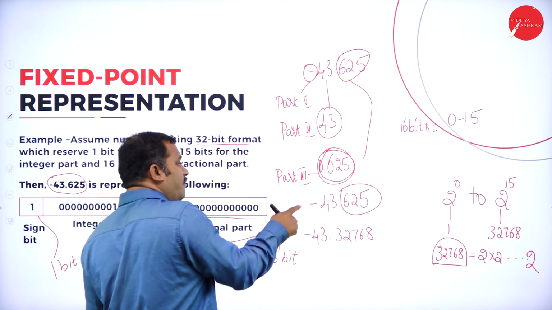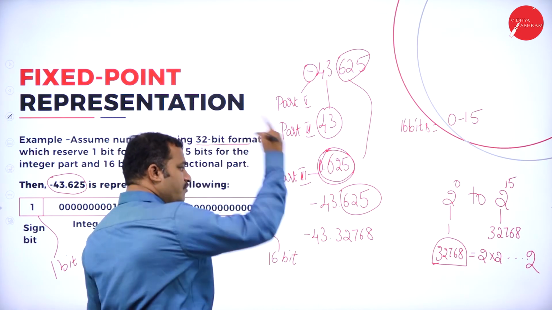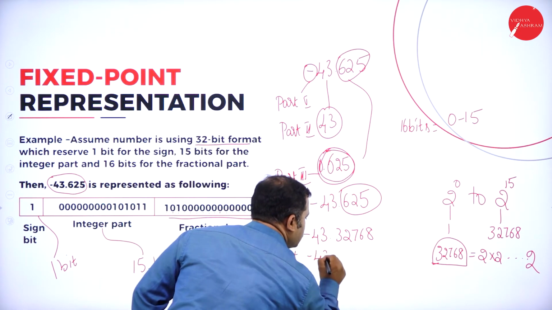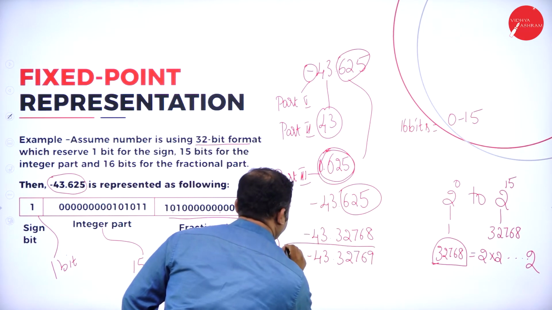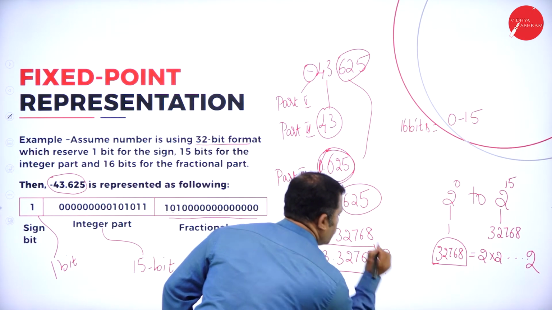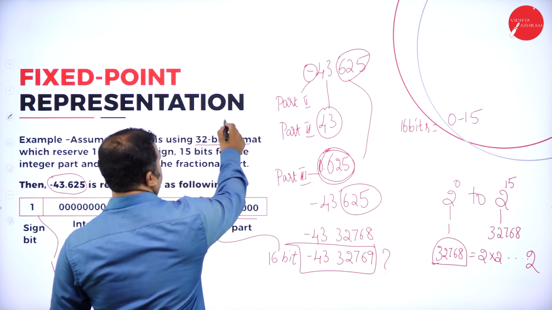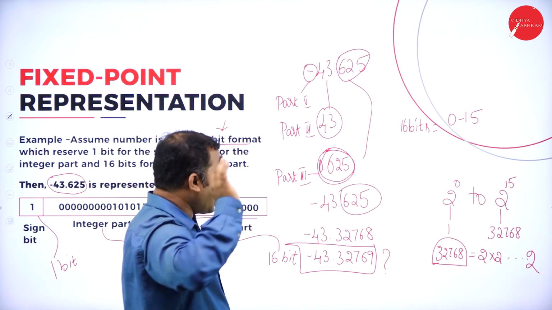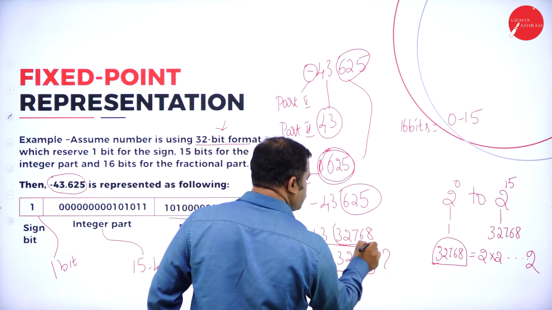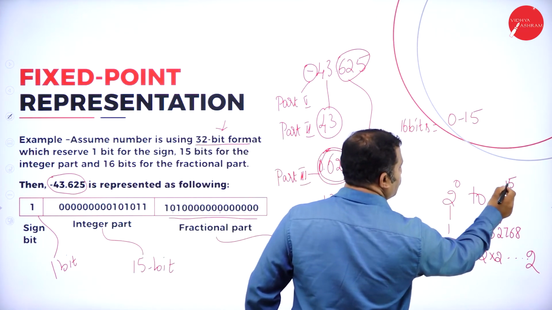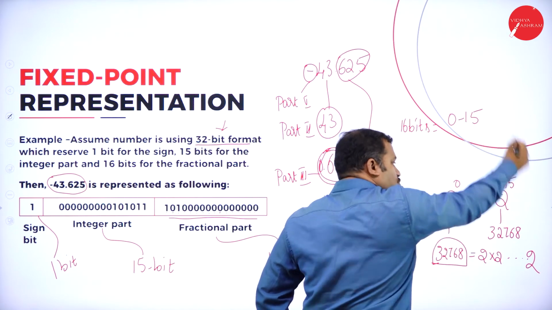What about the value, suppose I want to store minus 43.32769? Is it possible to store in our system in this 32-bit format? It is absolutely not possible, because the range varies from 2 to the power of 0 to 2 to the power of 15.